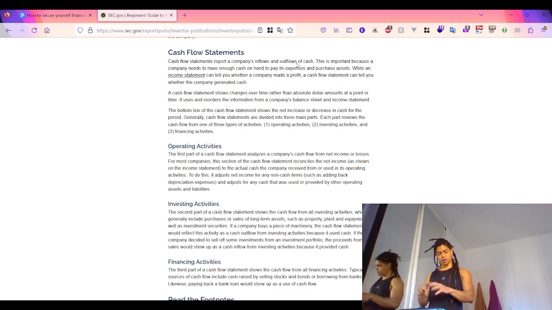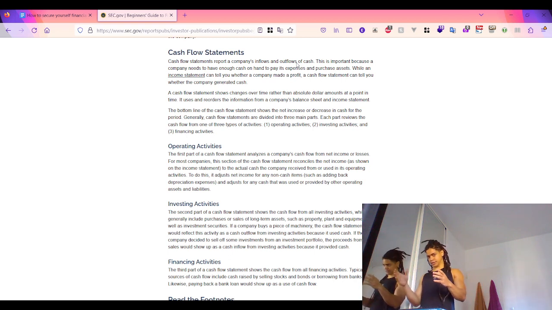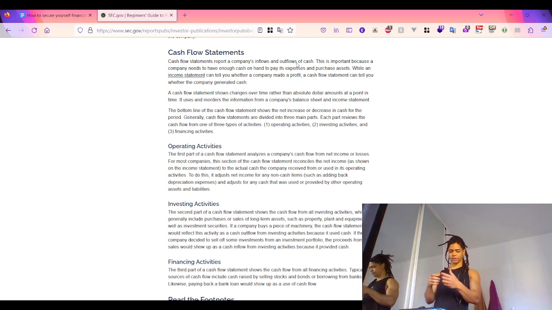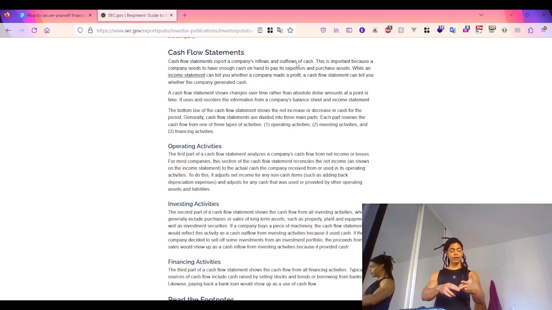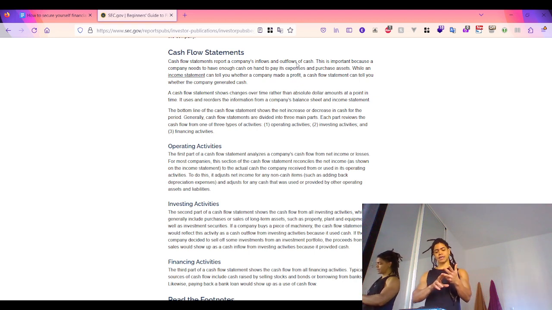The second part is the investing activity, which generally involves the purchase or sale of long-term assets. Long-term assets we have are intangible assets, property, plant, and equipment, goodwill, leasehold improvements when you want to make some extensions on a property.